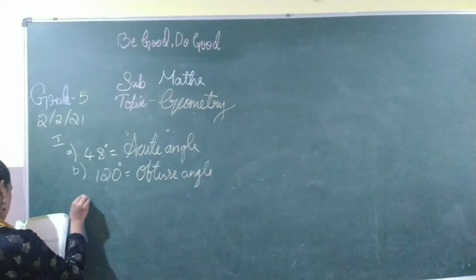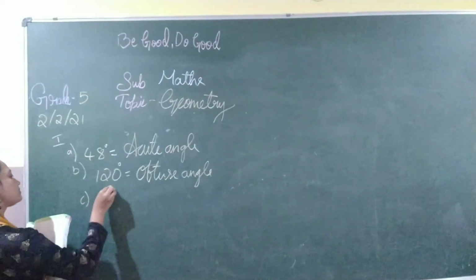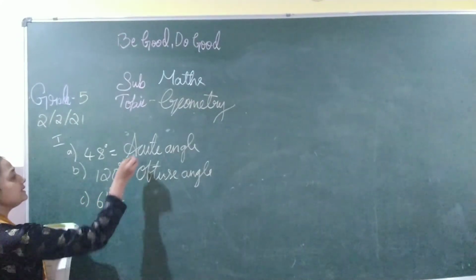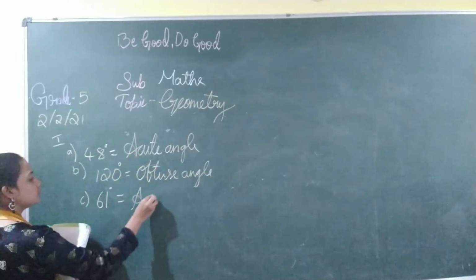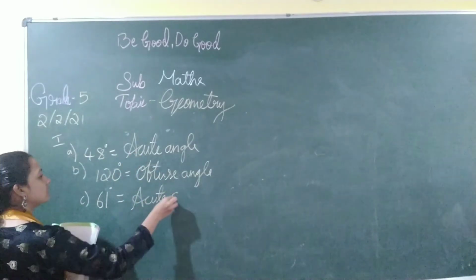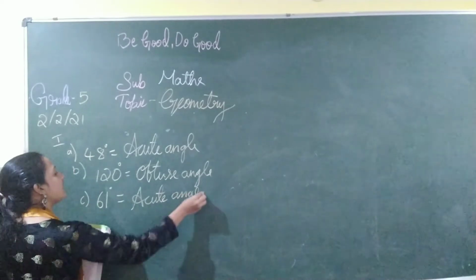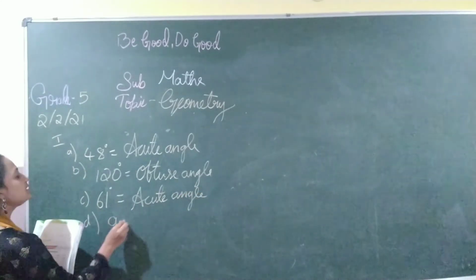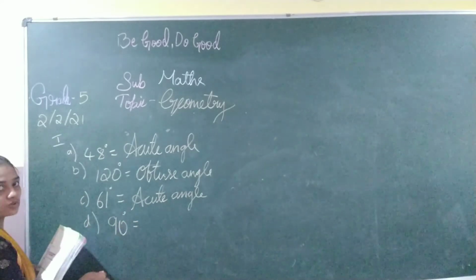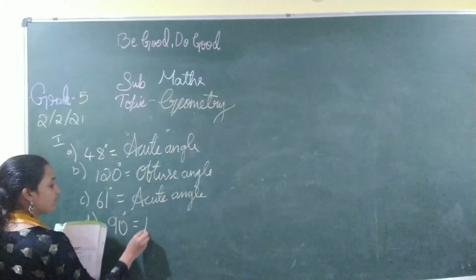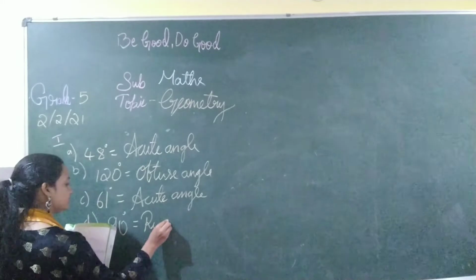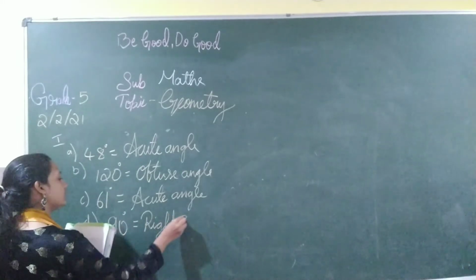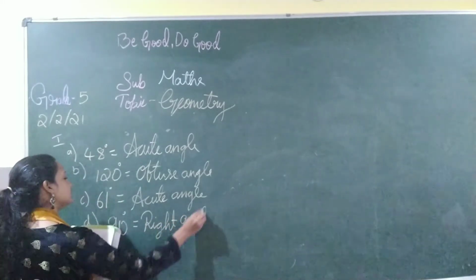The next one, C, is 61. Again, it is less than 90, so it is an acute angle. D, which is exactly equal to 90 degrees. Then what is this called? It is called a right angle.